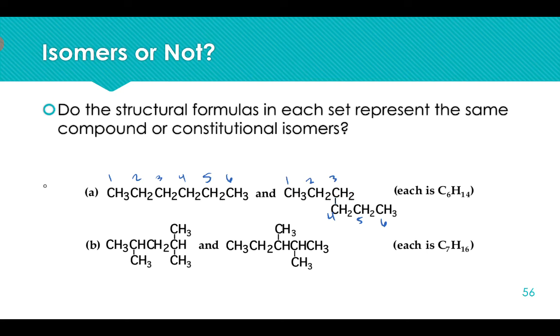So these are the same molecule. Down here, if we try to find the longest chain of carbons, this is 1, 2, 3, 4, and I'll call that one number 5. And so I have this hanging off of the fourth carbon, and I have this hanging off of the second carbon.